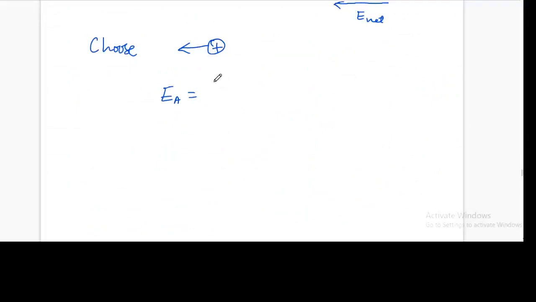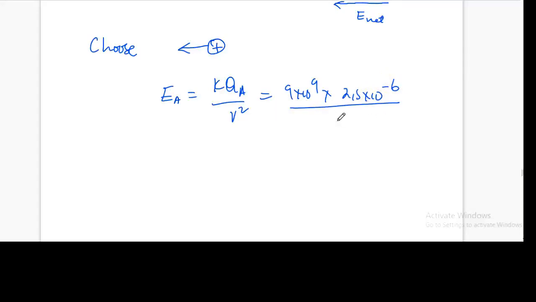So the electric field due to A is kQ over R squared: 9 times 10 to the power 9, times 2.5 microcoulomb, divided by 45 millimeters. Milli is times 10 to the power minus 3.